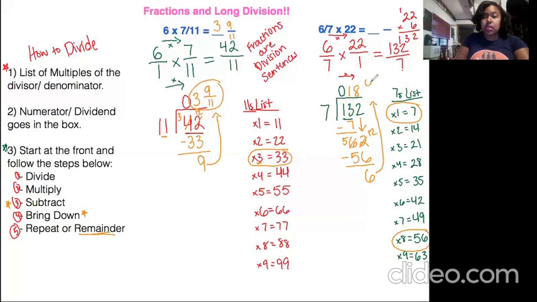So 6 is my remainder. It's going to be my numerator, and my denominator stays the same. So if you remember, it was 7, and of course, I can see that because my divisor is 7. So I just put the 7 on bottom. And so my answer is 18 and 6/7. All right, 6/7 times 22 is 18 and 6/7. All right, and that is how we can use a multiples list to do that division.